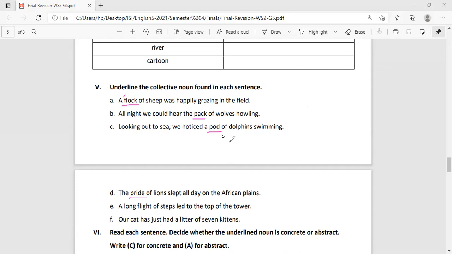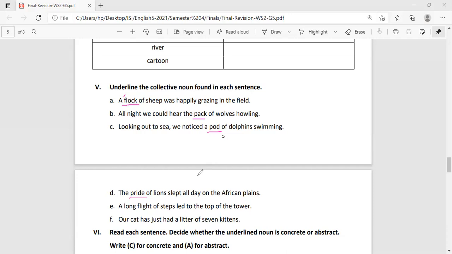Lana, continue. A long flight of steps led to the top of the tower. Repeat it. Where is the collective noun? Notice something, guys, that the collective noun is treated as a singular noun.